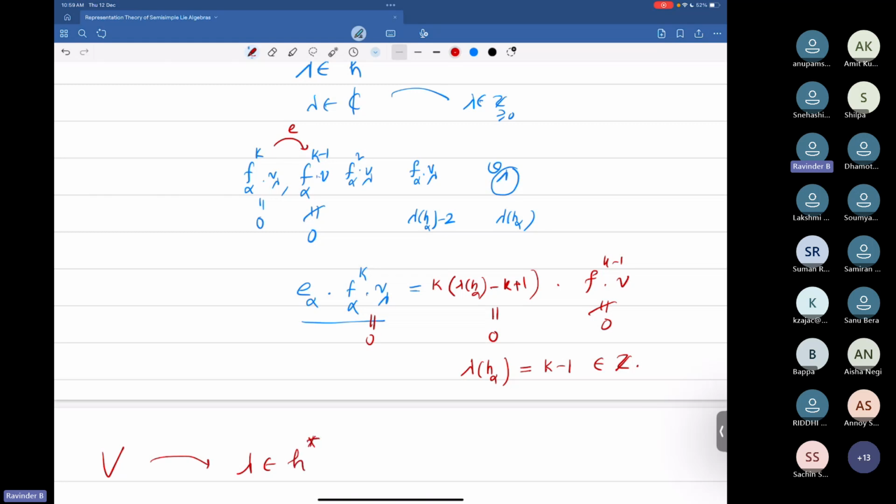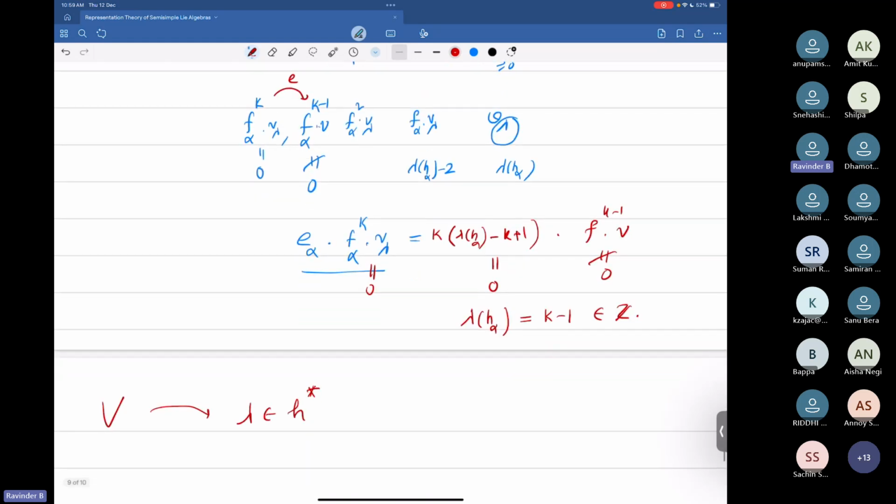Lambda was in H star, but now it is such that if you act on all these H alphas, it gives non-negative integers, because k is bigger than or equal to 1.